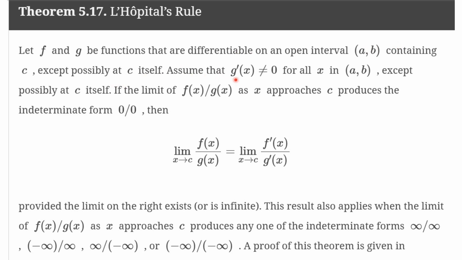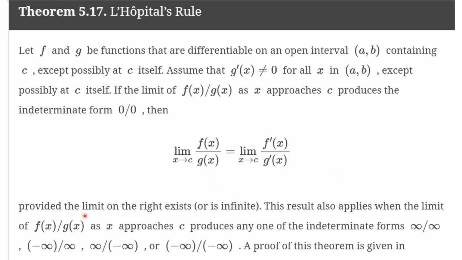Then if we assume that g prime of x is different than 0 for all x in (a, b), except again at c, and if the limit of f of x over g of x as x approaches c produces the undetermined form of 0 over 0, then we can say that the limit as x approaches c of f of x over g of x is just the limit of the derivative of f over the derivative of g.